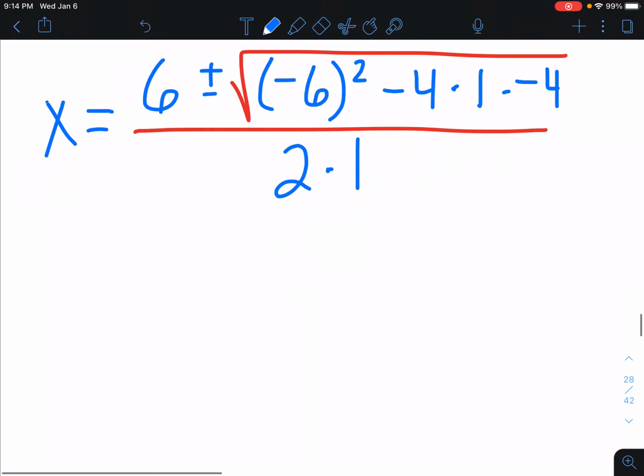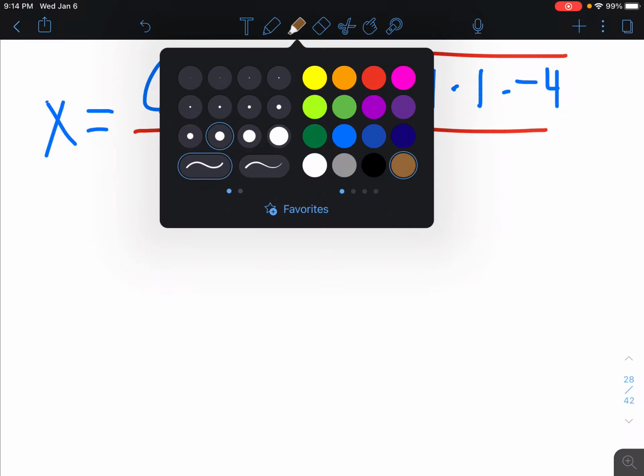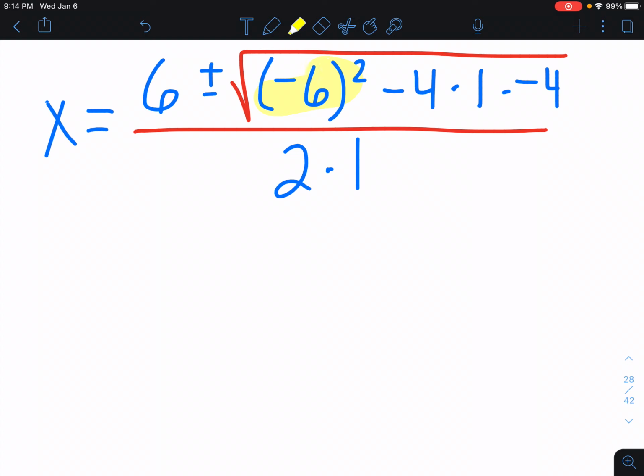So they're substituted in. Now let's work on simplifying. Let's do our 3 multiplications. 1, 2, and 3.